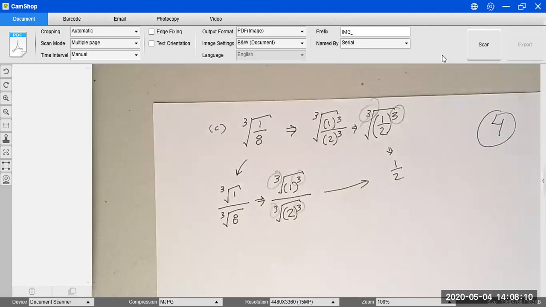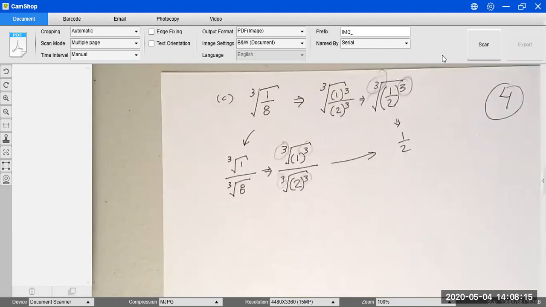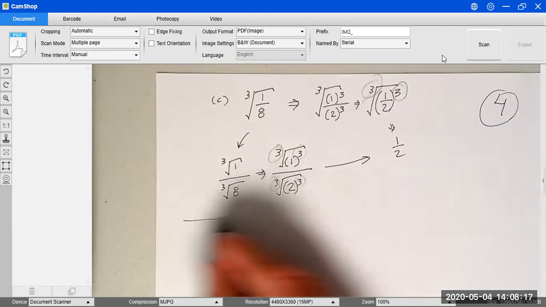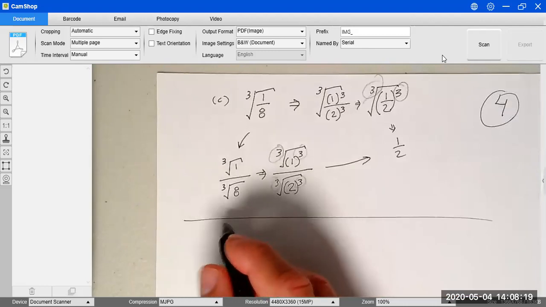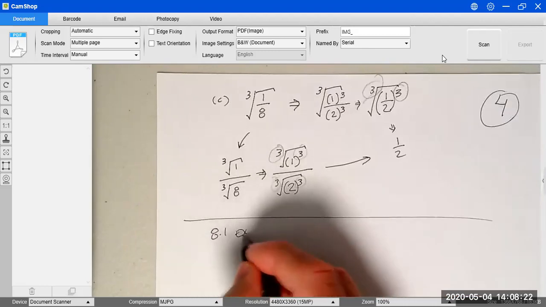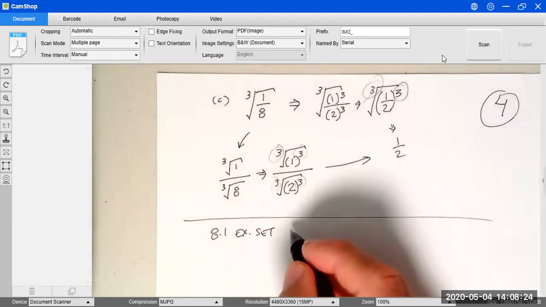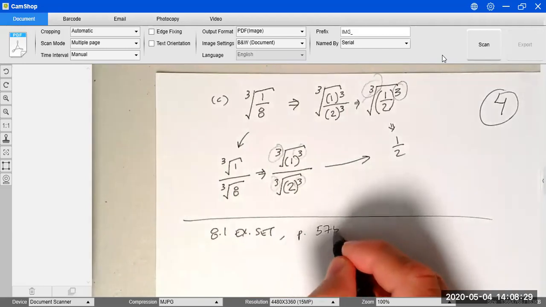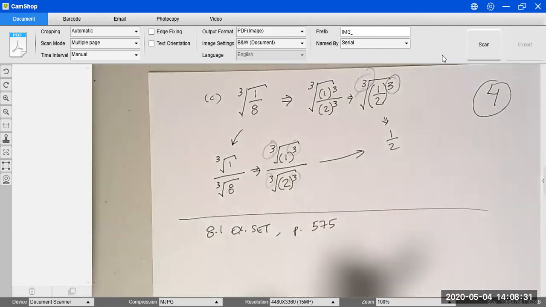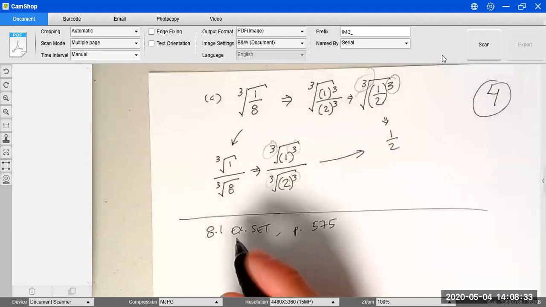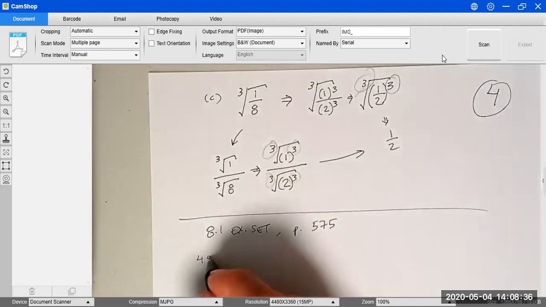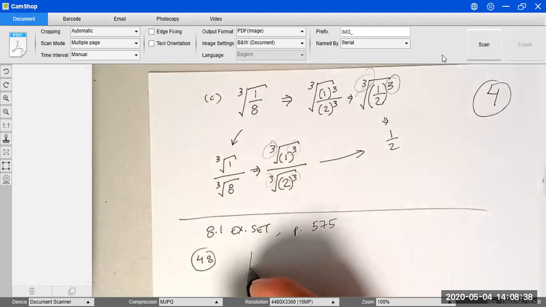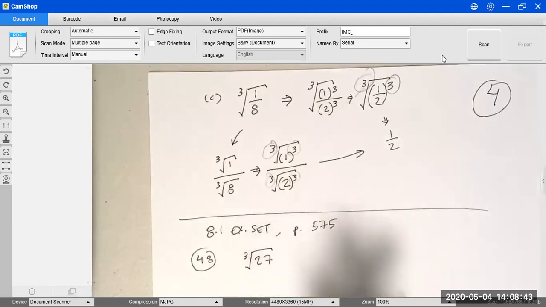So I'm going to give you 3 more problems, and then we're going to move on to the next section, which is going to be a very, very important section. So you're going to work with 3 more problems from the 8.1 exercise set, which is on page 575. You're going to work on 48, which is just the cube root of 27.